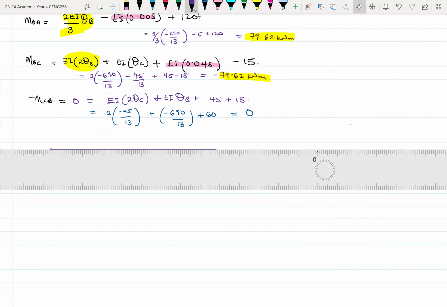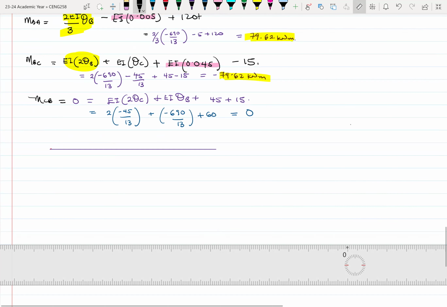So we go to our beam. This is A, B, and C. We have these end moments. Let me just exaggerate. This is our MAB, MBA, MBC, and MCB.